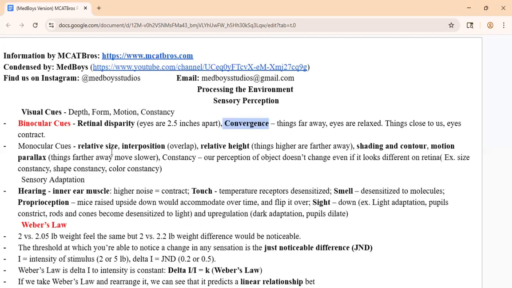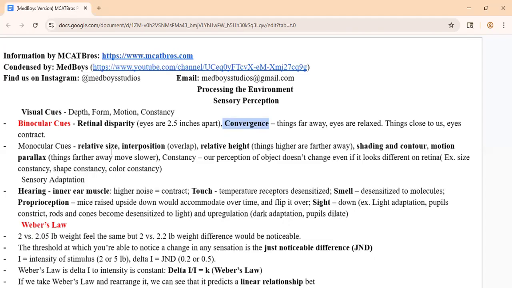Convergence is a little bit different. It's basically looking at muscle movement and strain, particularly the muscle movement of the eyes. You could basically take your finger and point it at your nose, and you can see how your eyes move inward. That is basically what convergence is. When you pull your finger out, you can see that your eyes are not converging.